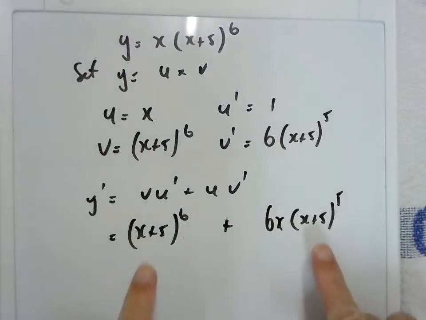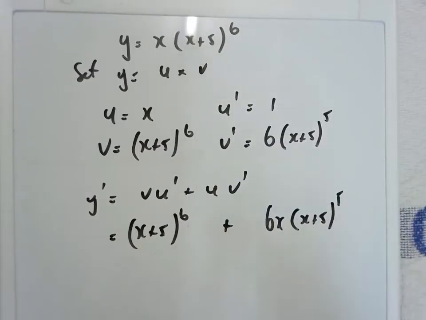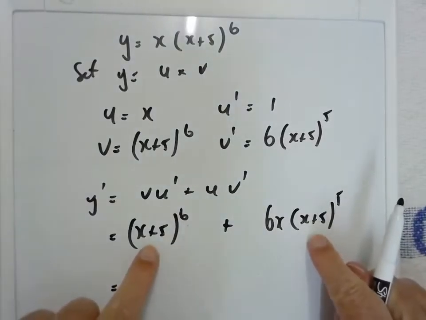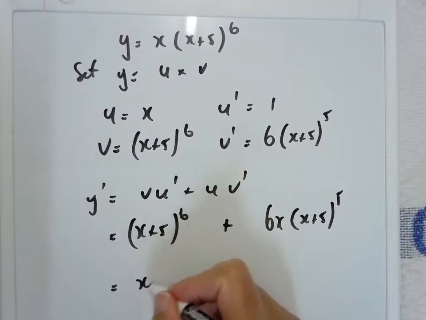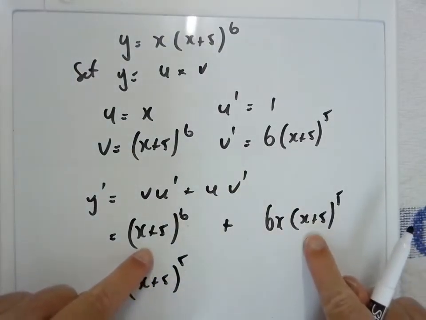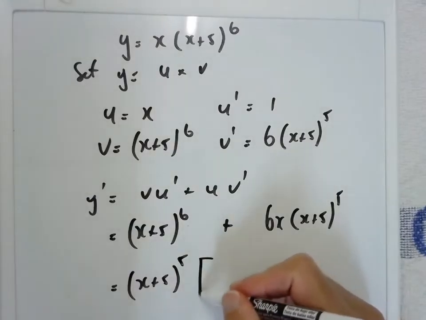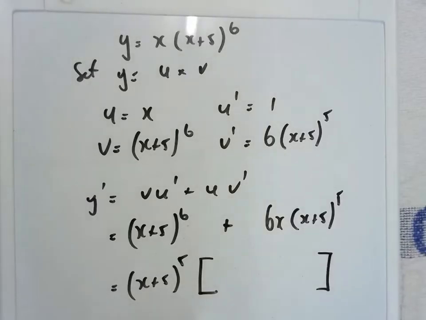Okay. Can you see here that we've got an (x plus 5) in a bracket there and an (x plus 5) in a bracket there? They're common. We've got two different terms separated by a plus, so it's a common factor. There are 5 of them there and 6 of them there, so there are 5 that are common. So I'm going to pull (x plus 5) to the 5th out of both of those, and then what's left goes into a bracket.